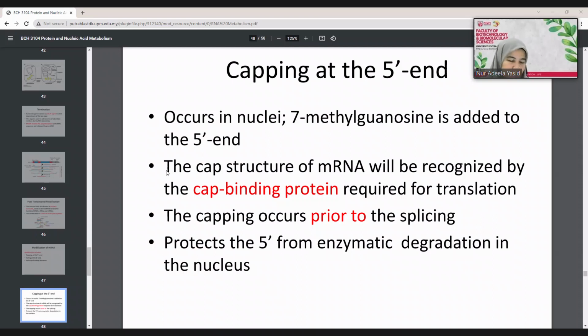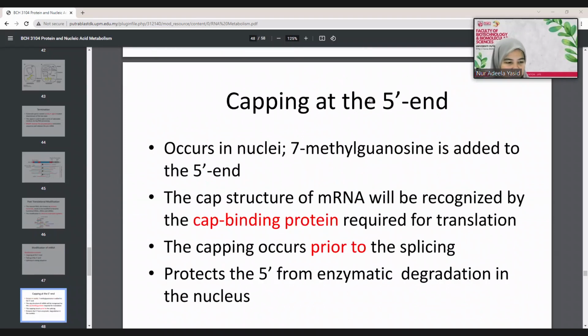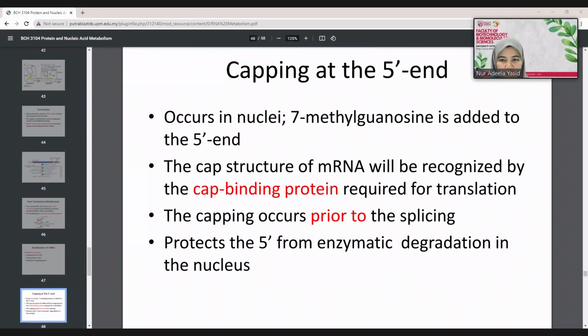So what is the role of this capping? It helps to protect the 5' end from degradation in the nucleus. So that is 5' capping. The 5' cap is added to the beginning of the RNA transcript.